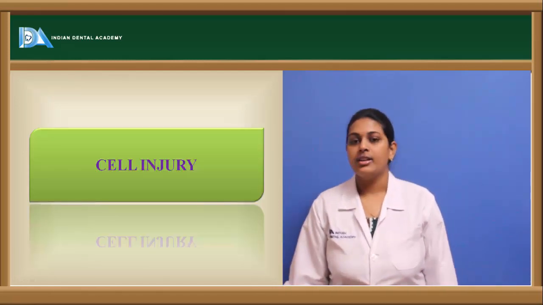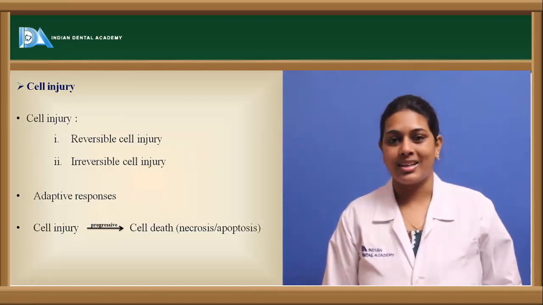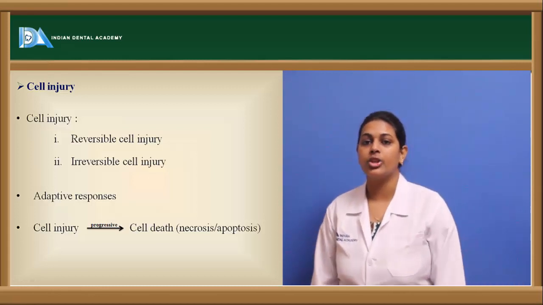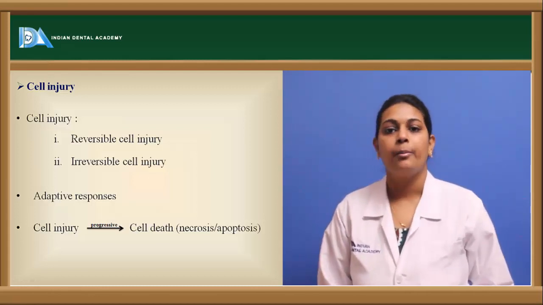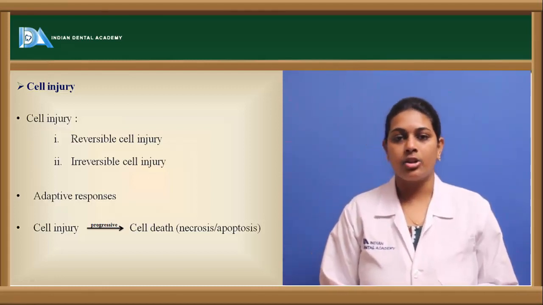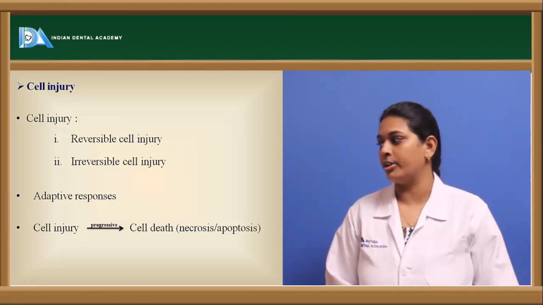Coming to cell injury, it is usually injury which has been caused at a cellular level. It could be a lethal injury or a non-lethal injury. Lethal injury is really harmful to the patient, but non-lethal injury is not harmful, and the cell recovers. Cell injury can also be of two types, that is reversible injury and irreversible injury.